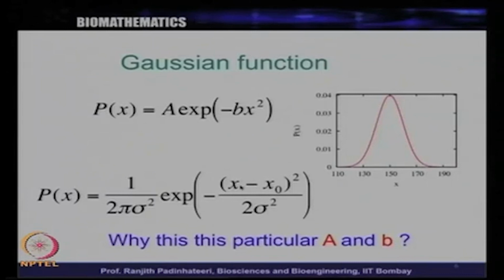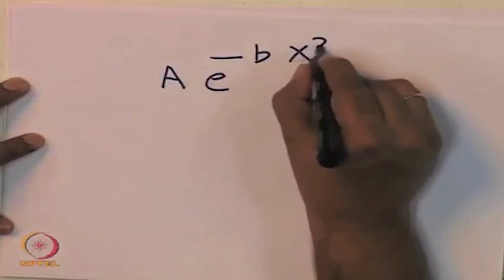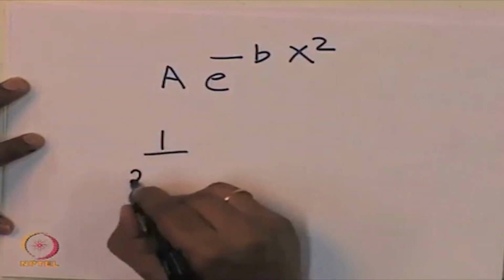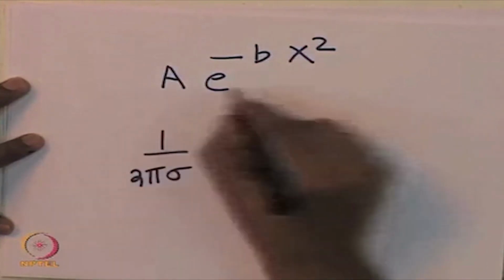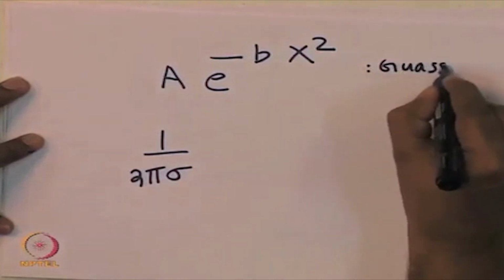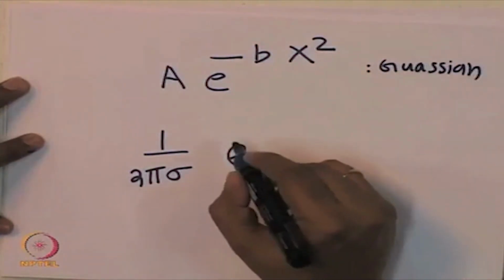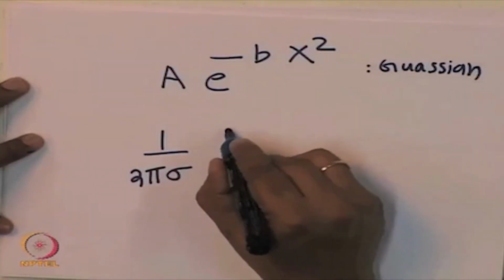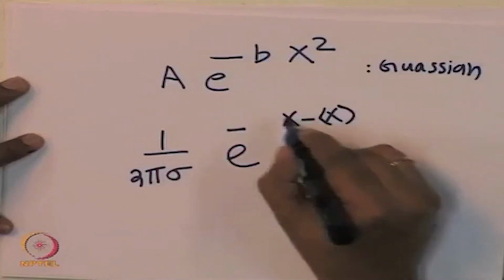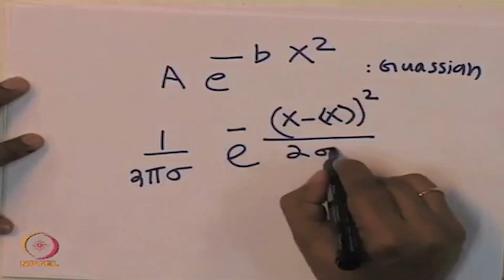One function here is a e power minus b x square, and this is the Gaussian function. When the normal distribution is written, if you look at any book, it is often written such that x minus x average, whole square by 2 sigma square.